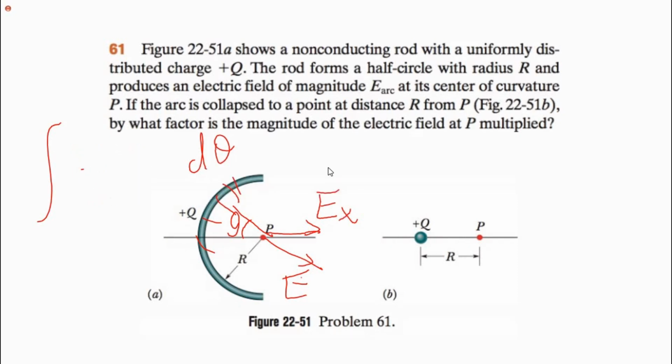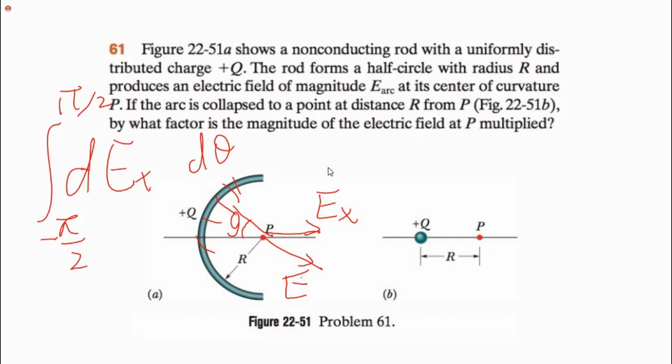No, it should be dEx. Okay, and then theta, depending on how you define it, could be from minus pi over 2 to pi over 2. I think previously I introduced the method in detail.